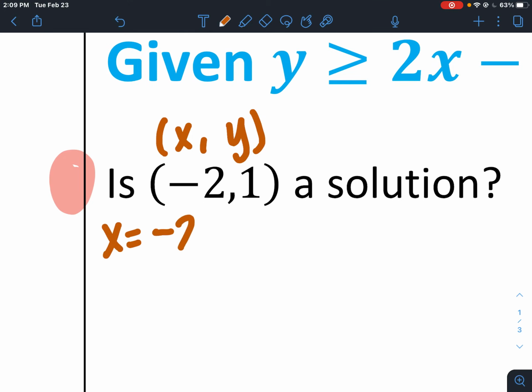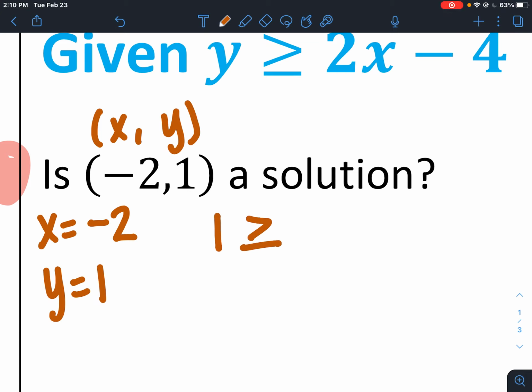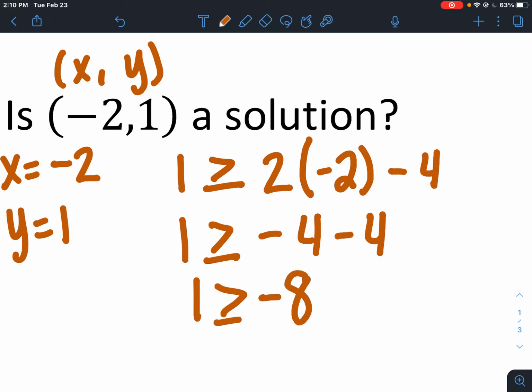So y, which is 1, is greater than or equal to 2x, x is negative 2, minus 4. Okay, and then from here I can just solve. 1 is greater than or equal to negative 4 minus 4. 1 is greater than or equal to negative 8.